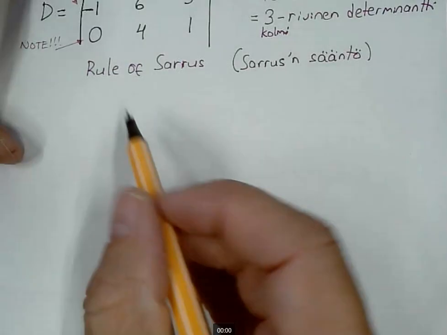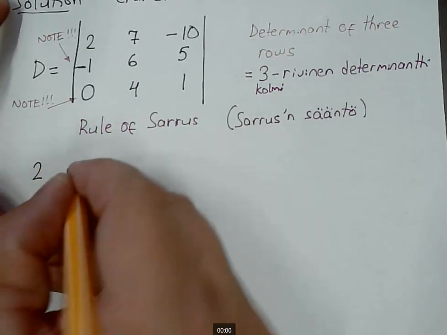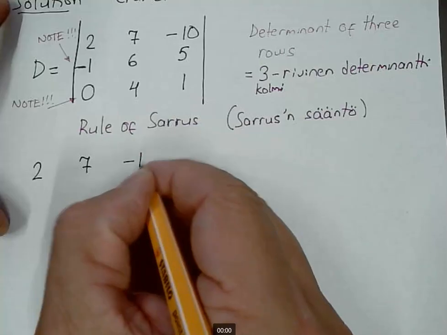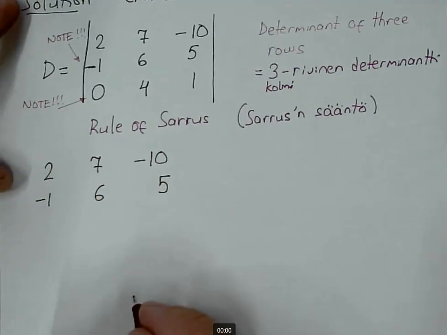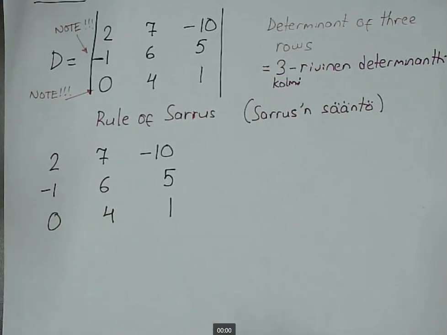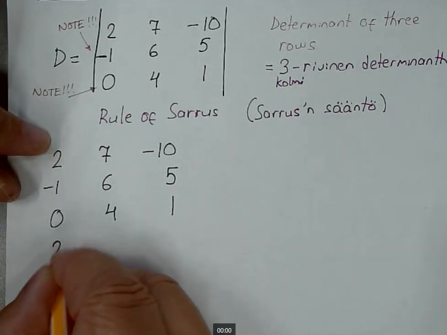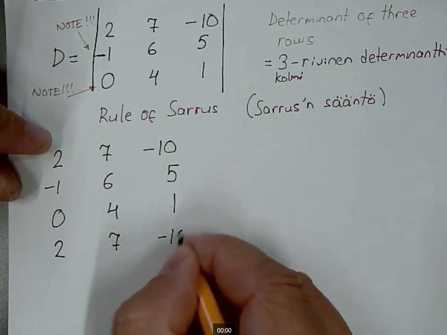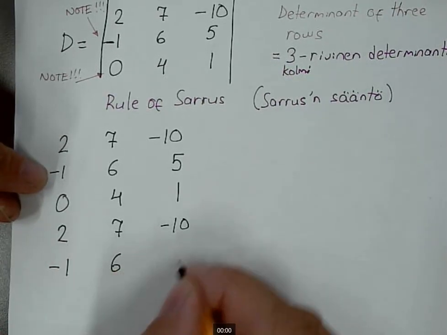It goes like this. We are taking the first 3 rows again here. I will write it here. 2, 7, minus 10, minus 1, 6, 5, 0, 4, 1. And then I copy these first 2 lines to here. So I will write again these numbers. 2, 7, minus 10, and the second row also minus 1, 6, 5.